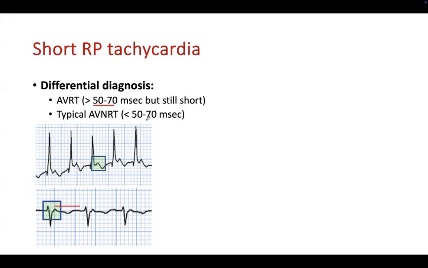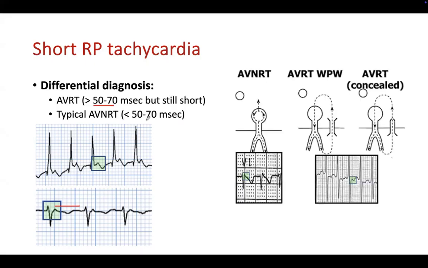The RP is very short, and sometimes it's so short that you cannot even see a P wave. Anyways, studying the RP interval is helpful to differentiate between SVTs. And that's an example of an RP interval that is still short, but longer than this RP interval.